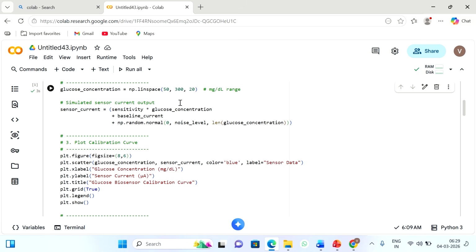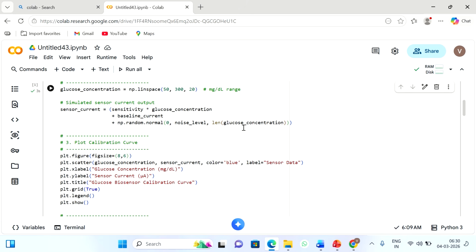And then how to get the sensor current. Using the formula, sensor_current is equal to sensitivity into glucose_concentration plus baseline_current plus np.random.normal(0, noise_level, len(glucose_concentration)). This is a very important formula.